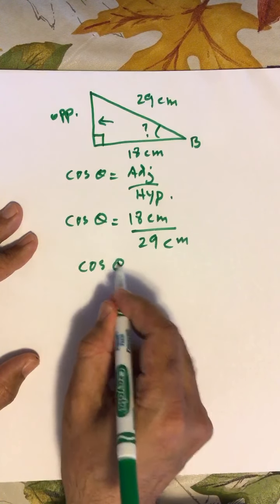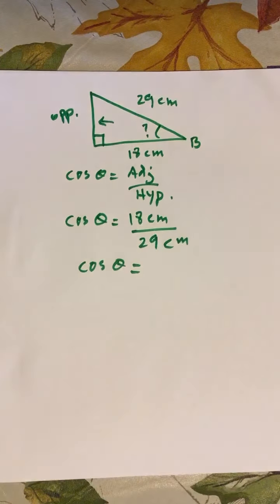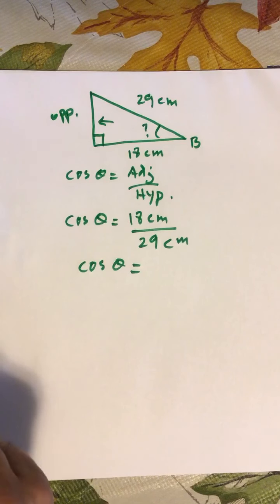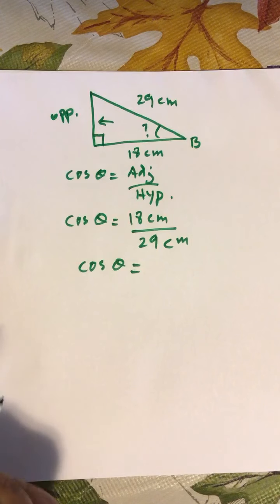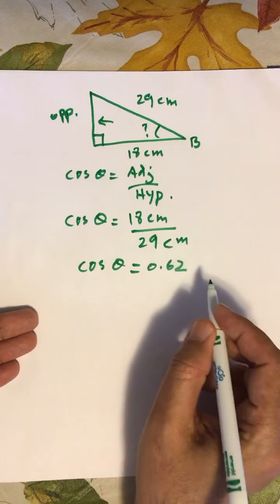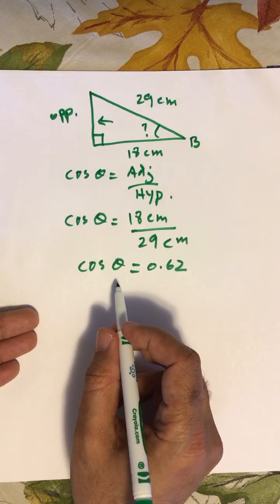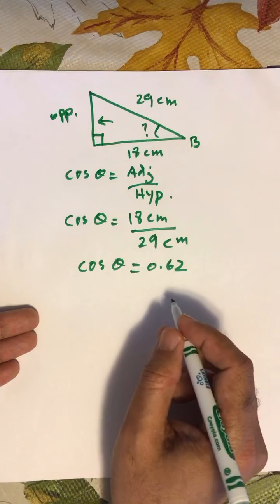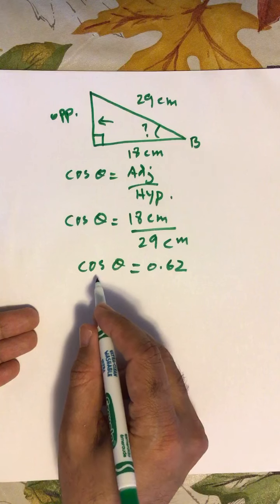So cosine theta is 18 divided by 29. I will get 0.62.